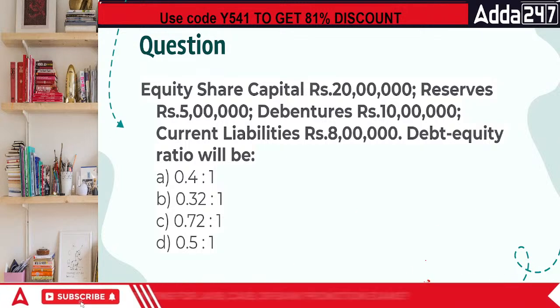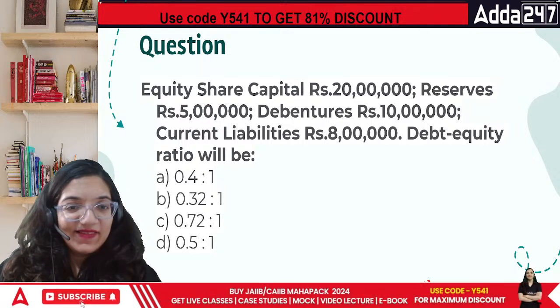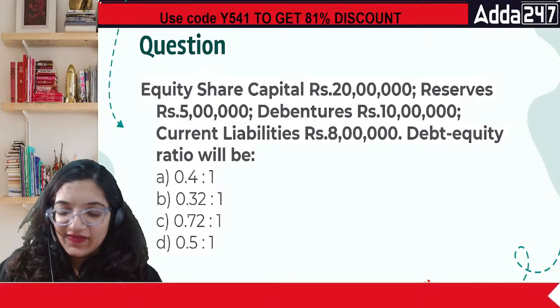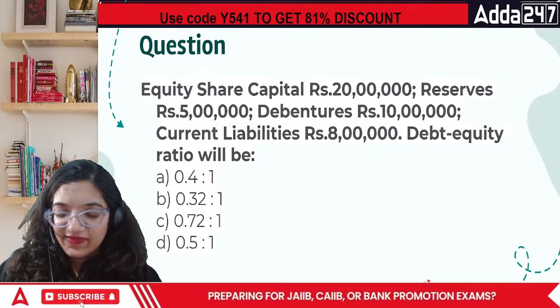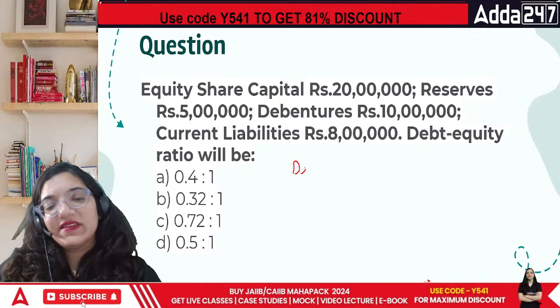Now comes equity, debt, as well as current liabilities are given. What's going to be the answer according to you? Acha, let's try. The formula is debt divided by equity.